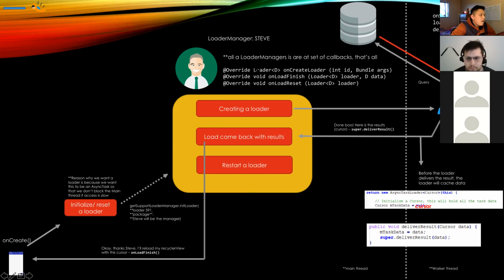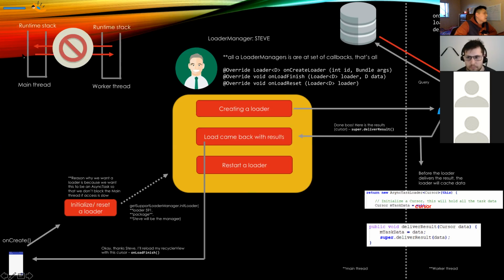Whenever you want to do something in the background, the only guy that you will always interact with is the loader manager. You never ever communicate to a loader, because the loader is on the other thread. You can't communicate to it.